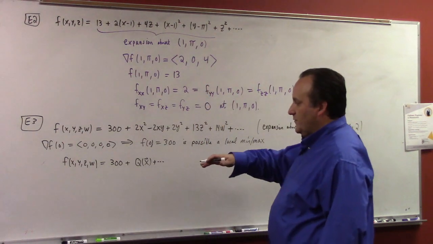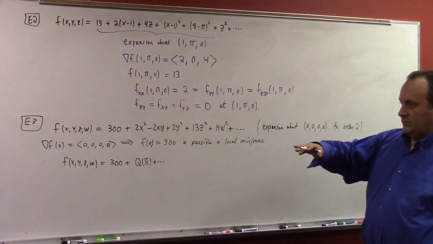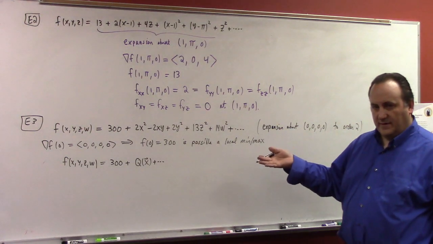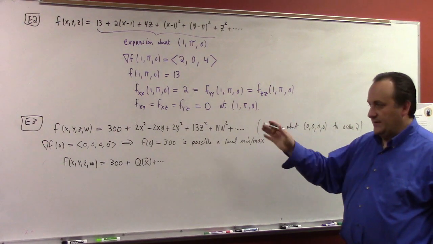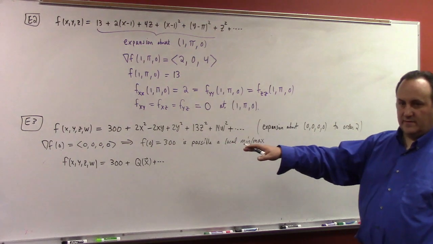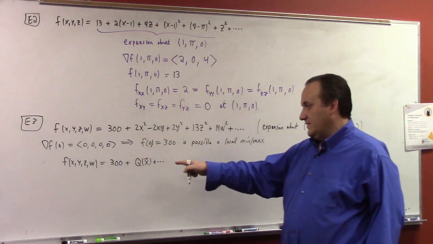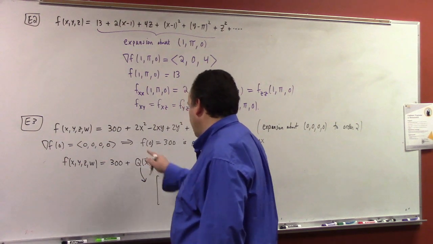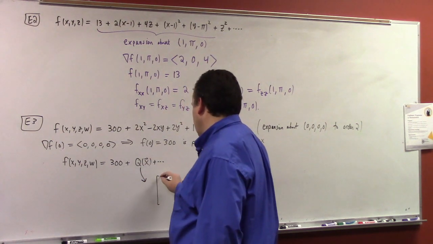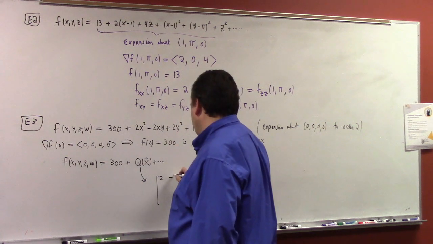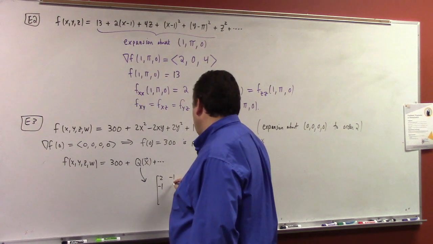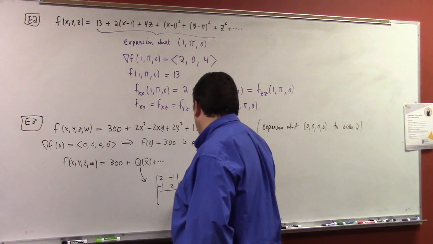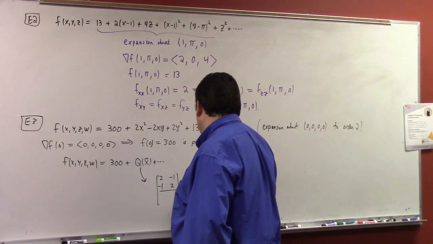Close to the critical point, the behavior of this function of 4 variables is completely dominated by that quadratic form piece. We can understand this quadratic form because it has a matrix: 2, minus 1, minus 1, 2, 13, 14.